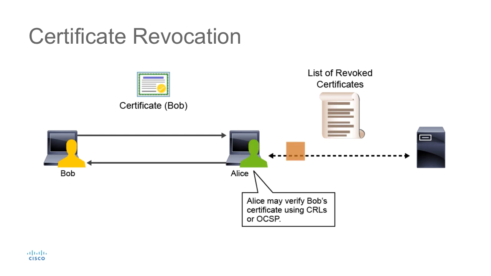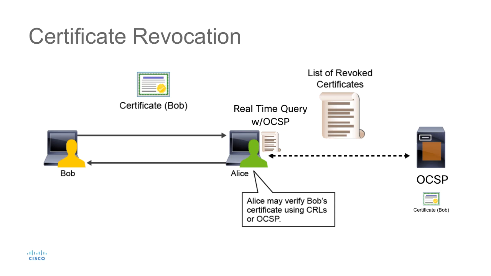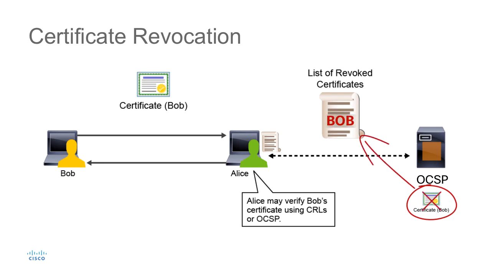Alice is going to talk to the OCSP server, or Alice has downloaded the list of revoked certificates at a set interval. That's a poll with the CRL, or it's a real-time query with OCSP. And we're going to query for the serial number on Bob's certificate. If we find that Bob's certificate is on that list, then we know that it's revoked and we don't trust him.